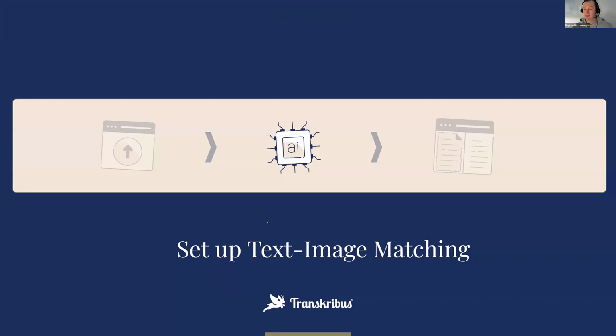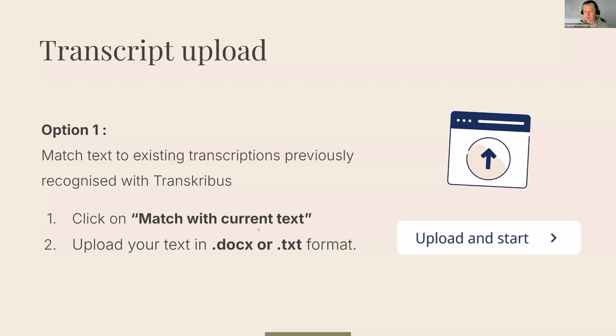Okay, no problem. As Sarah explained, we have 2 main workflows. The first option is to match with the current text. And Sarah showed you the second option, which I will come to soon. As Sarah mentioned, we need a recognized text to match your text into Transkribus.